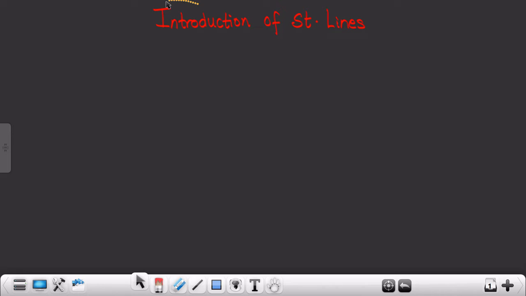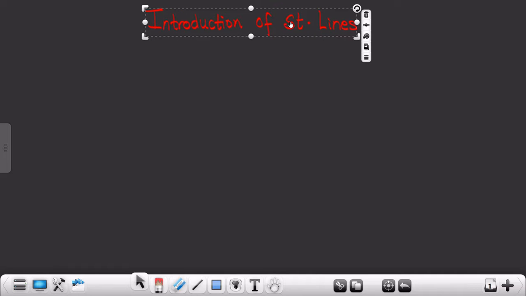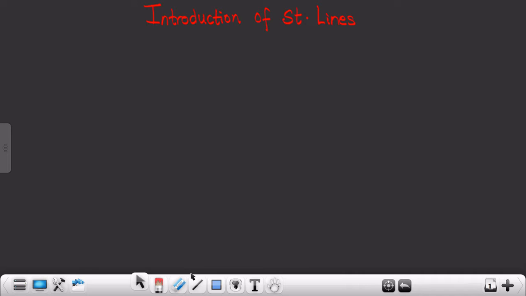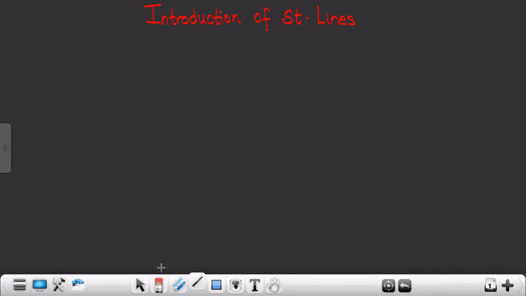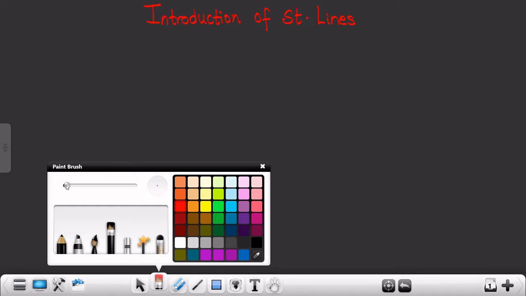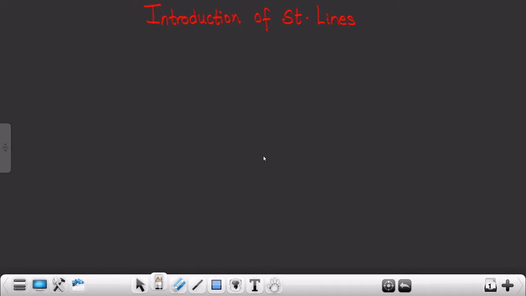Let me just take this particular part a little bit over here, and then we are good to start this topic, right? So let me just highlight this particular term, that is straight lines, introduction to straight line. Now I hope that you have a basic idea about the 2D graph.